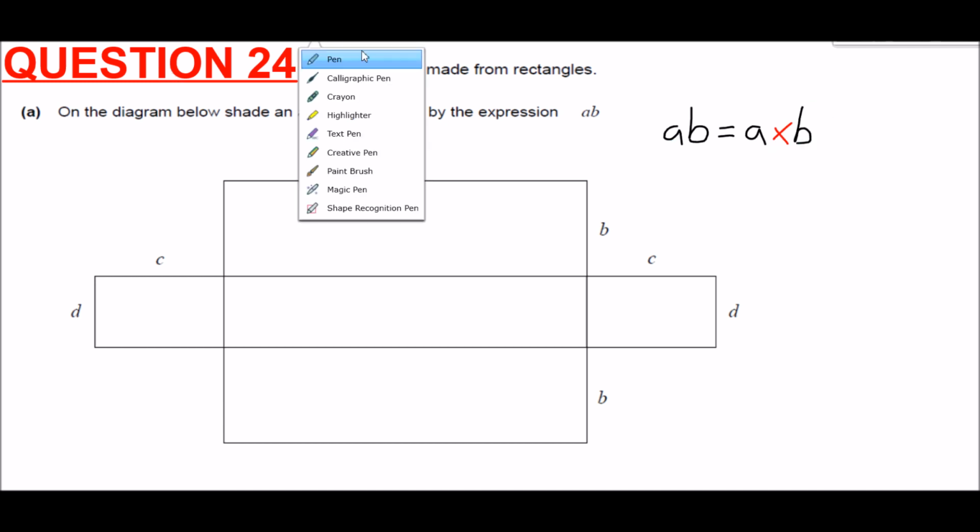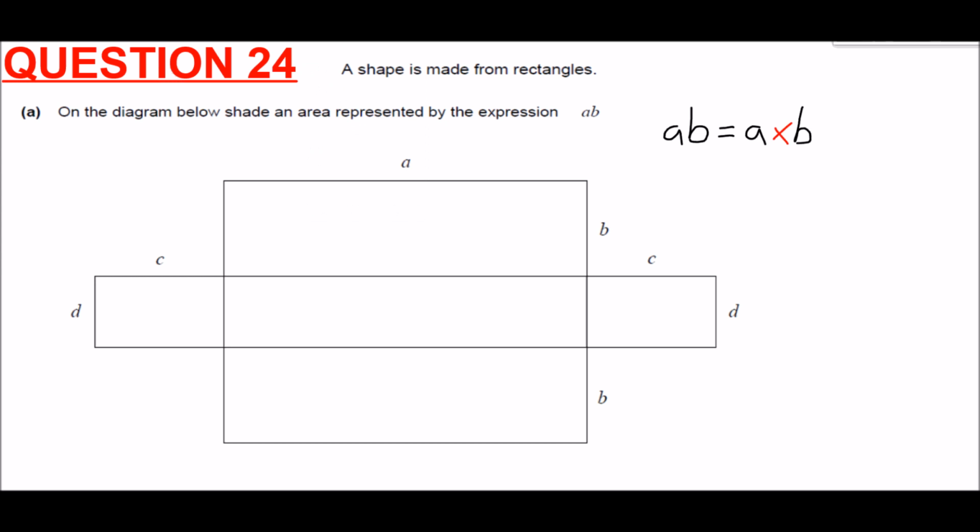There's no need for the multiplication sign. And also, what this question is talking about is area. So an area represented by AB, which is A times B, one number multiplied by another. These shapes are rectangles as well. So area, rectangles, it should make you think, well, what's the area of a rectangle? The area of a rectangle is the length times the width.